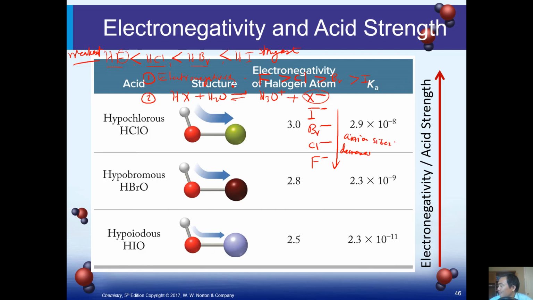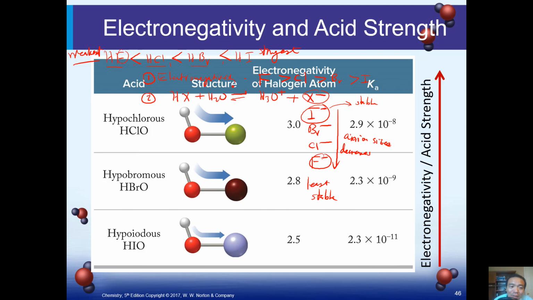Size decreases from top to bottom. So the stability of the anion actually decreases as well. That tells you I minus is the most stable, and F minus is the least stable.